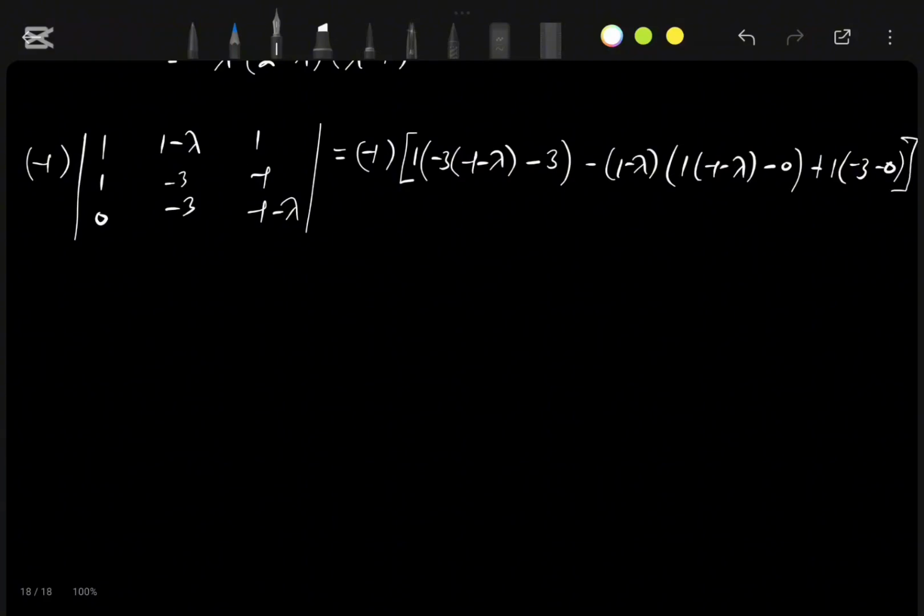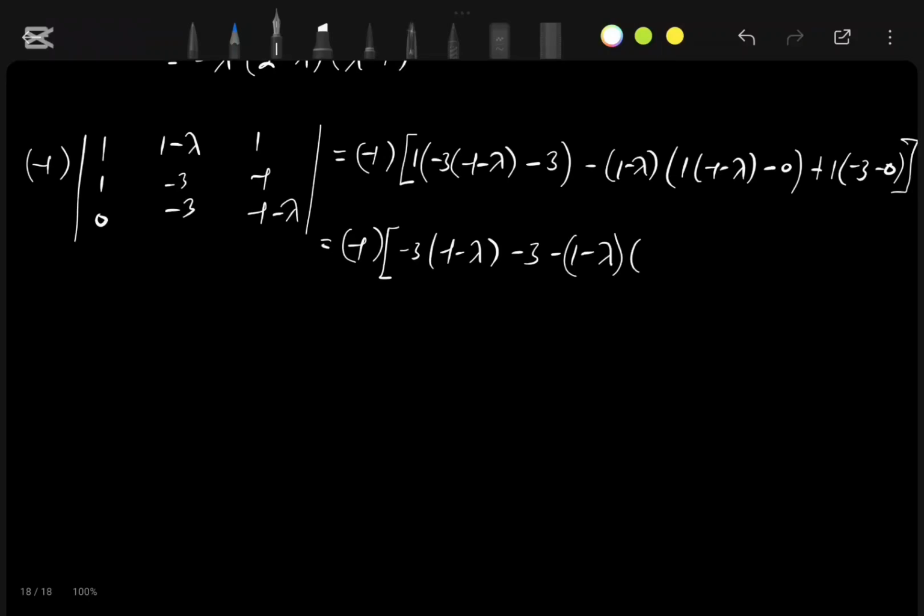We close our bracket, so we have minus 1 into bracket minus 3 into bracket minus 1 minus lambda minus 3, minus 1 minus lambda into bracket minus 1 minus lambda minus 3.